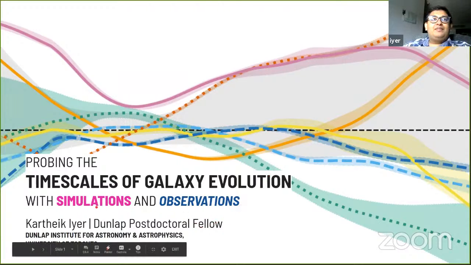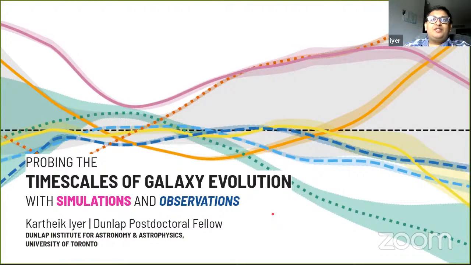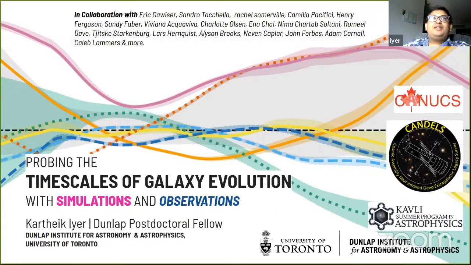So, I'm really, again, happy to be talking here. I'm a Dunlop postdoctoral fellow at the Dunlop Institute for Astronomy and Astrophysics at the University of Toronto. This talk would not have been possible without all the help and advice of my collaborators listed above, and help from the collaborations that I'm a part of.